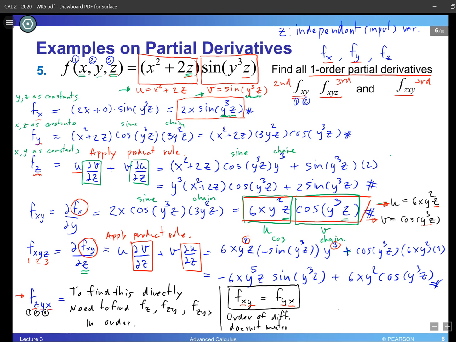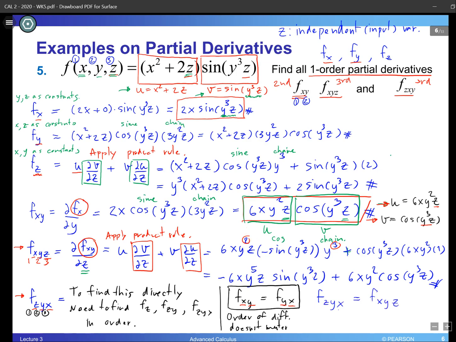Same as what we just did, the previous one, x once, y once, and z once, which means that the value we need to find, fzyx, is going to be equal to fxyz.